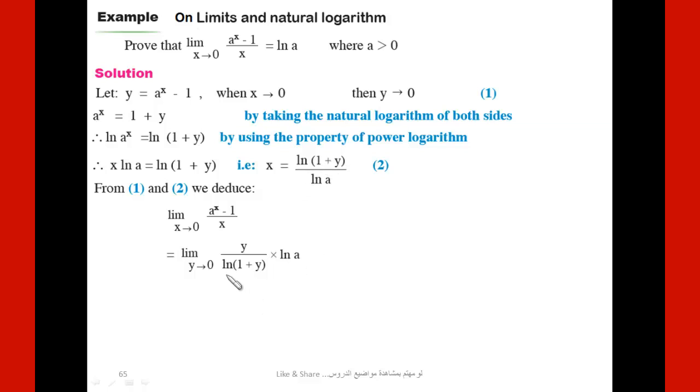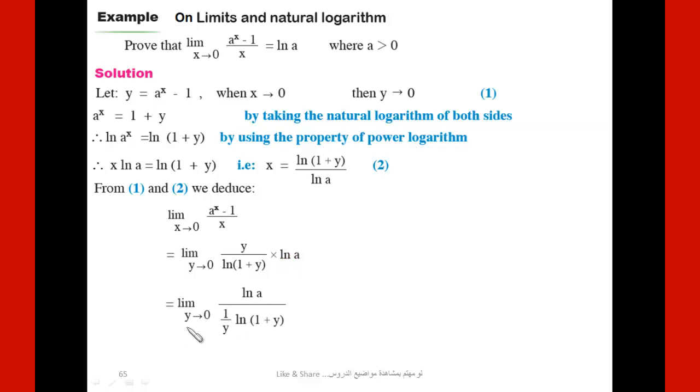We write the multiplicative inverse of this fraction, with ln 1 plus y in the denominator multiplied by ln a. So the limit equals the limit of y over ln 1 plus y multiplied by ln a.